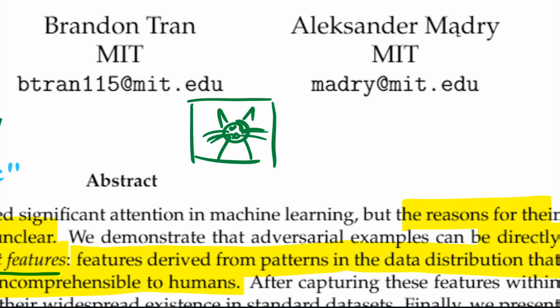This is a horrible cat. Features that we humans generally use are that a cat has ears, eyes, whiskers, and the general relationship of these things to each other. This is what constitutes a cat, and that's how we classify it.